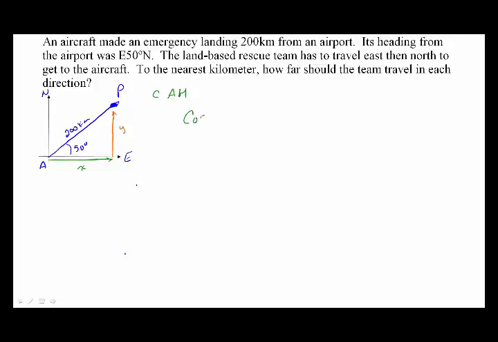Cos of the angle is the adjacent over the hypotenuse. Cos of 50 degrees is equal to X, that's the easterly direction that I have to travel, over 200. So X is equal to 200 cos 50 degrees.